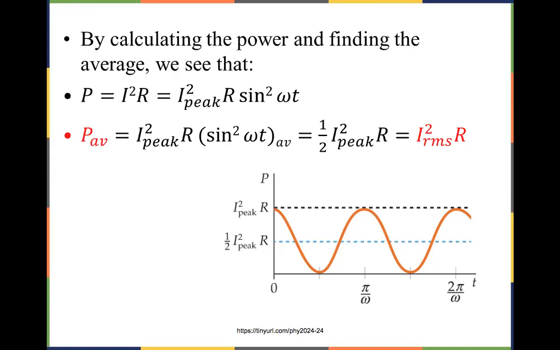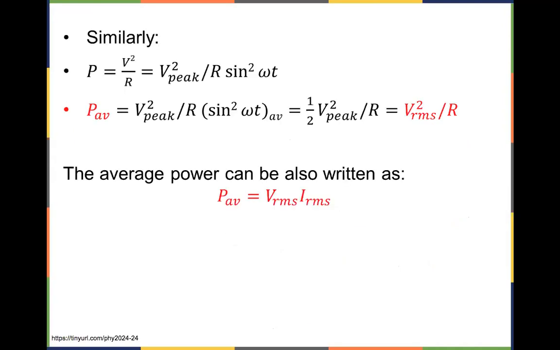Similarly, if you use the other expression for power, V squared over R, you do the same algebra here. Because V is equal to V peak sine omega t, you square the V, so that it will be V peak squared times sine squared omega t divided by R. Again, if you take the average of the power, it's the average of the sine function times the two constants in front of it.